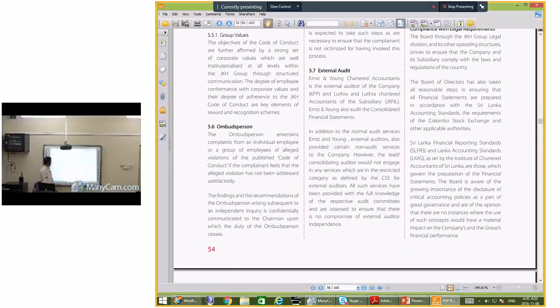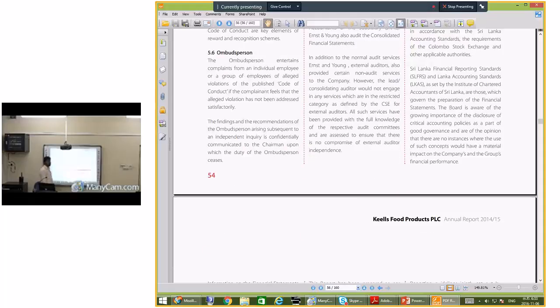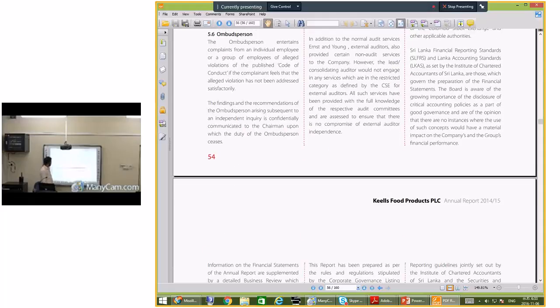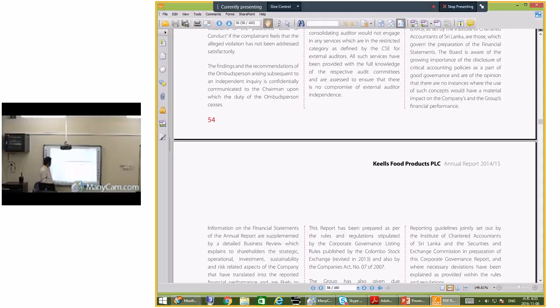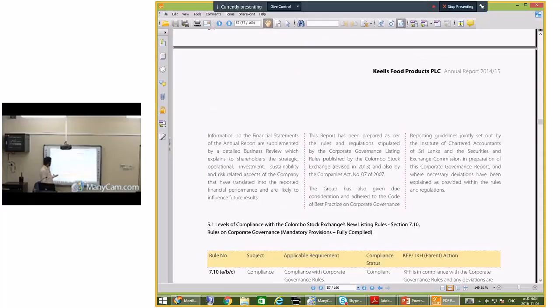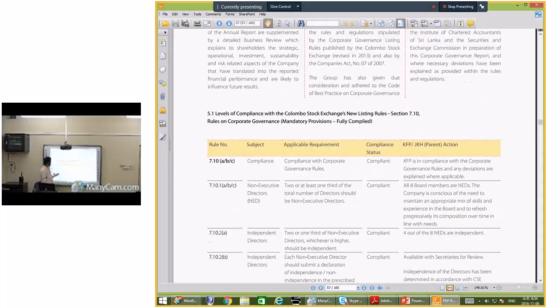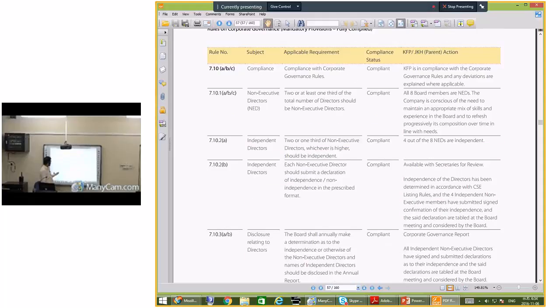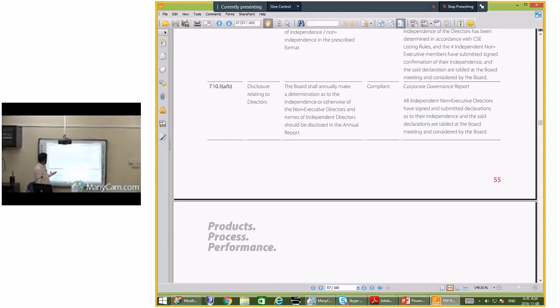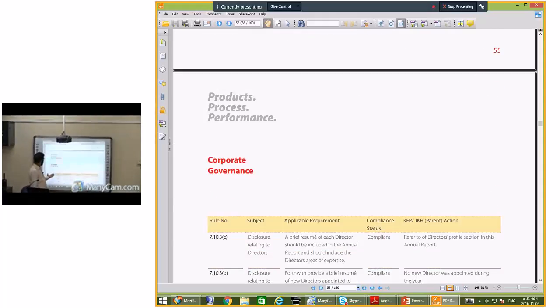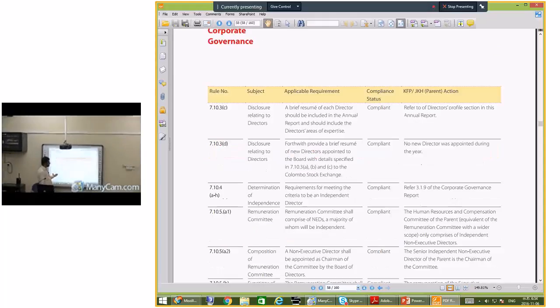In some cases you can see dividend announcements, director changes, future planning, future expansions, that means capital investment, future corporate plans, all of it, right?